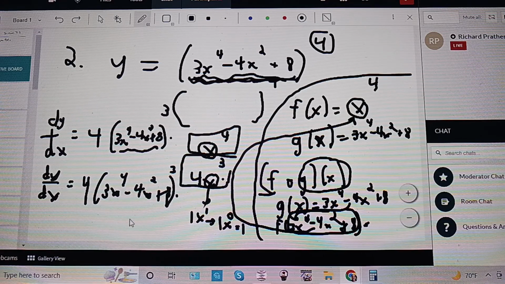That's not hard. So I'm just going to pretend that this parenthesis is attached here in the back. Do the power rule on the inside part now. 4 times 3 is 12, x to the third, minus 8. This is what we did in 4.1. x to the first, and the derivative of 8 is 0, so that's it.